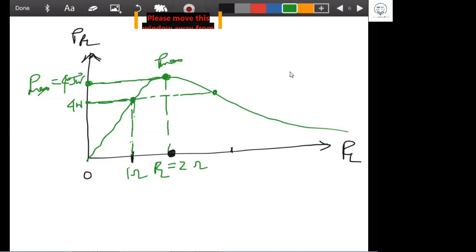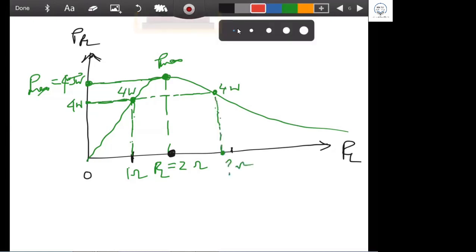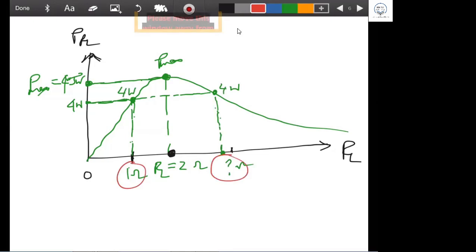Yes, sir. So what can we see? The 4 watt we can get for two different resistances. One is 1 ohm, and the other one is on the right side.